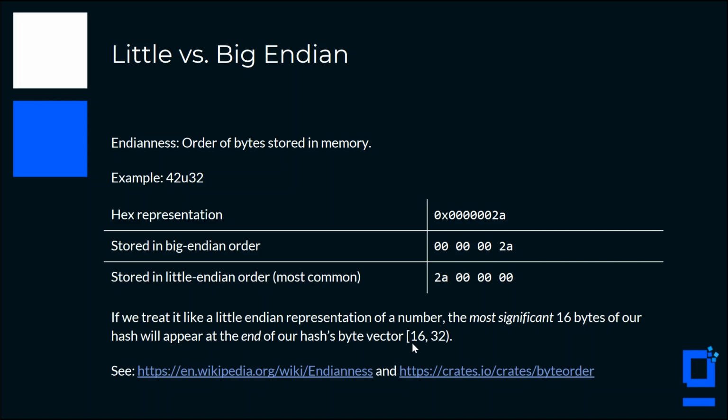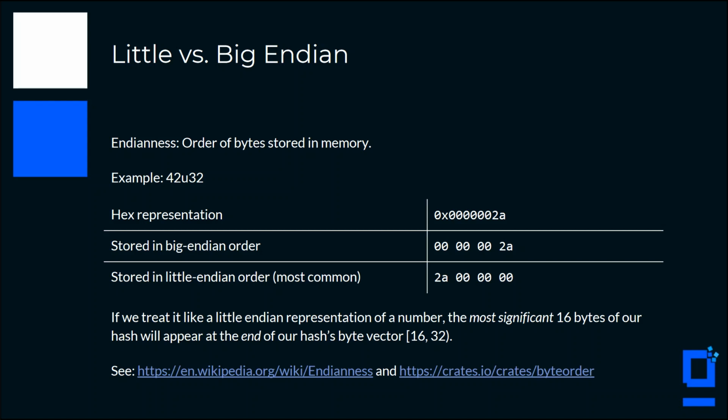This just means that the 16 most significant bytes of the hash, if we interpret them as a number, are going to be in this range: bytes 16 until 31. And here are two links where you can look at this for yourself.